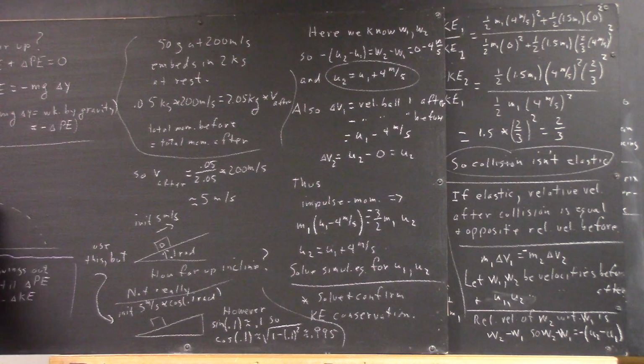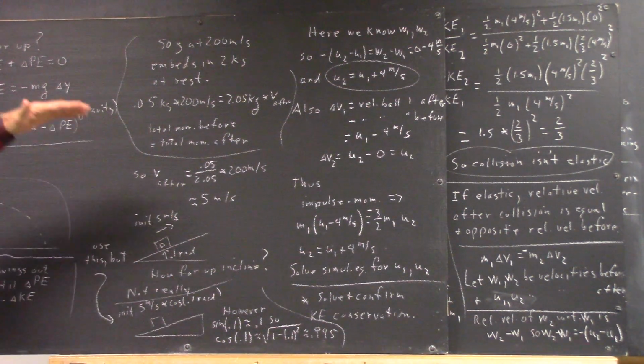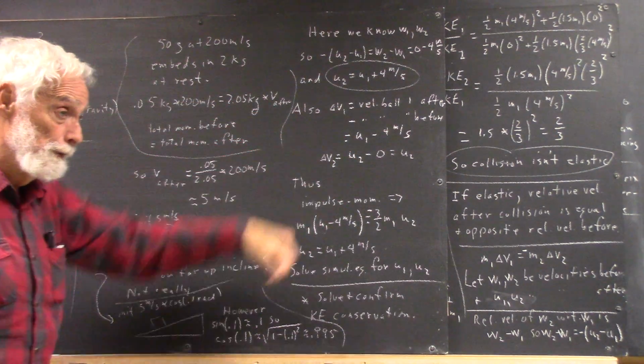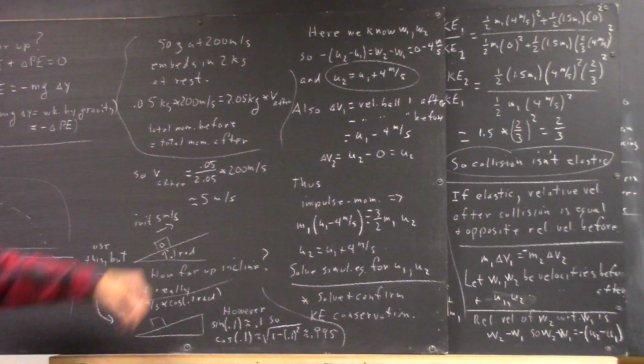For this situation, the bullet hits the block at a horizontal, so the block comes off with a horizontal momentum. Momentum is a vector quantity, and if the only momentum before is in the horizontal direction, the only momentum after is in the horizontal direction. So the velocity of the block at the instant after collision is going to be in the horizontal direction, moving at about 5 meters per second.